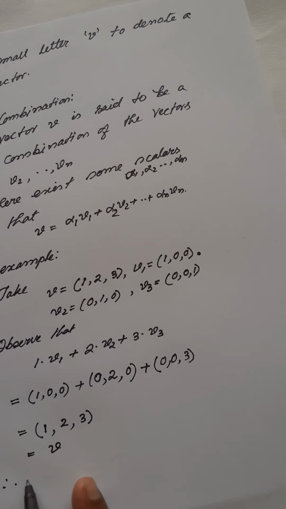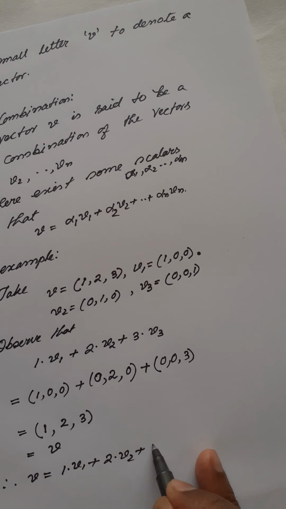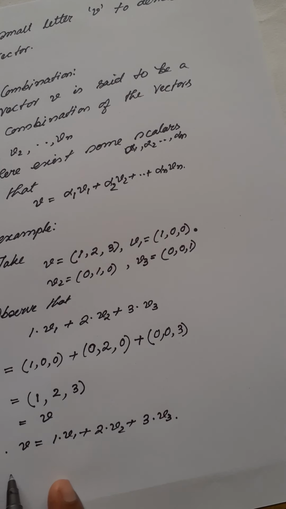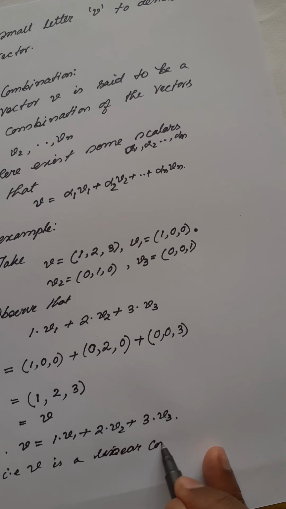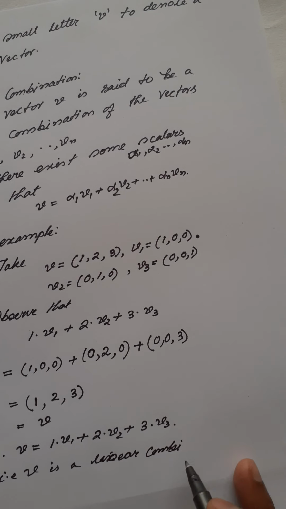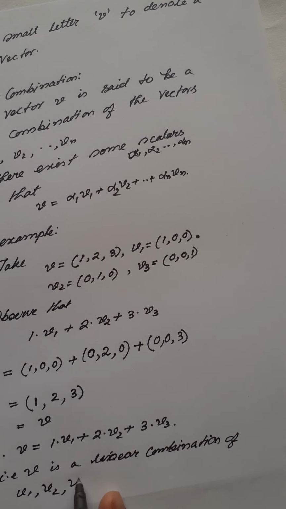So therefore v is equal to 1 into v1 plus 2 into v2 plus 3 into v3. So we can say that v is a linear combination of v1, v2, v3.